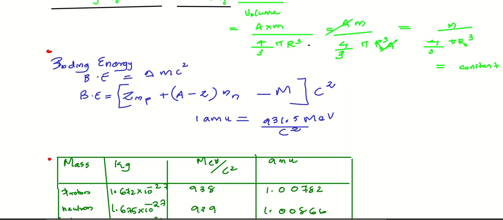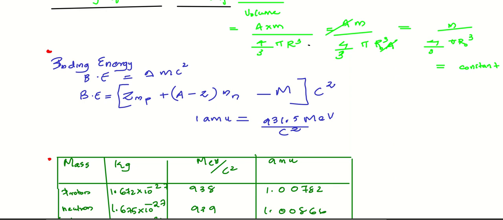And also 1 AMU is equal to 931.5 MeV by C square. So when we substitute in the C square term, we should multiply with the 931.5 MeV by C square. Okay. So this is in the AMU, so we have to multiply this.